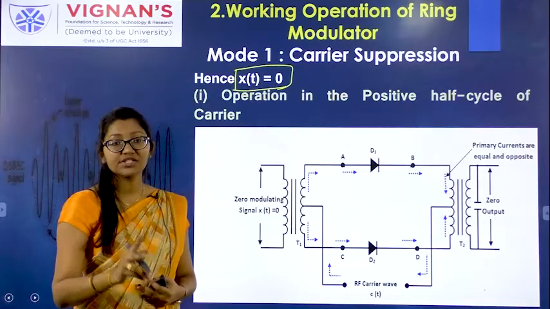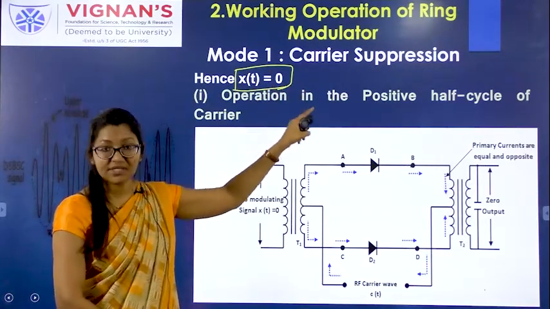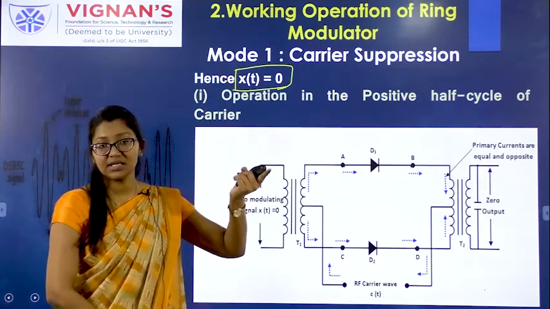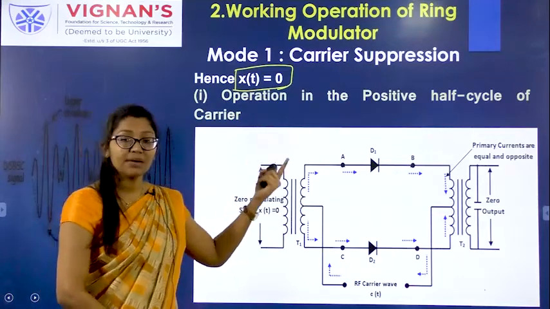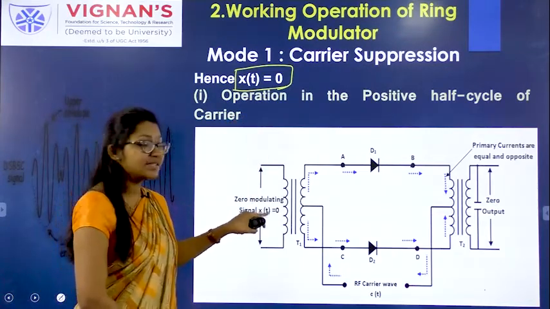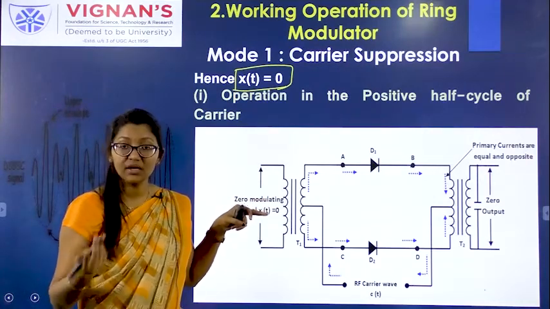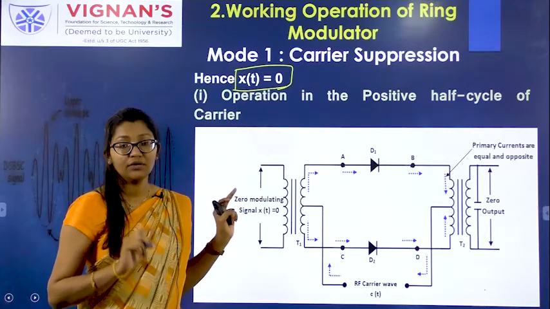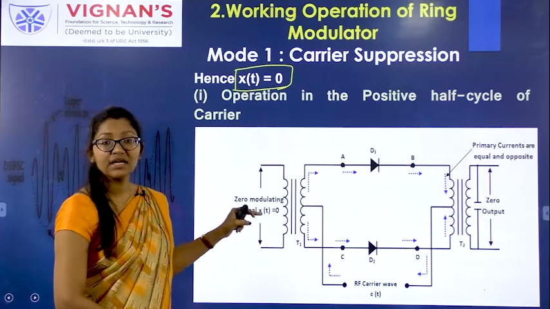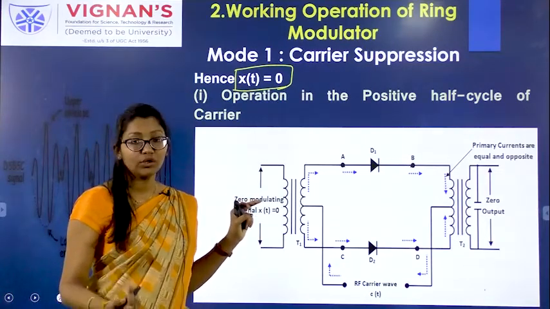So there are two operations. First we will see in one operation how we are suppressing the carrier. In the second operation, how we are generating a DSB-SC signal, right? In carrier suppression we are taking without modulating signal, meaning modulating signal as 0, and the second mode of operation is generating a DSB-SC signal with modulating signal.